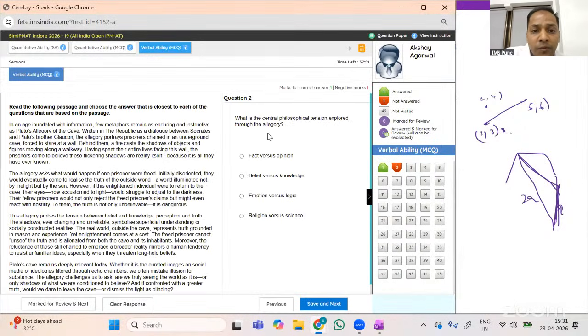What is the central philosophical tension explored through the allegory? Fact versus opinion, belief versus knowledge, emotion versus logic, religion versus science. Okay, the allegory challenges: are we truly seeing the world as it is or only shadows of what we are conditioned to believe?